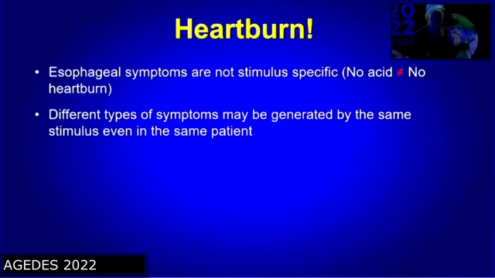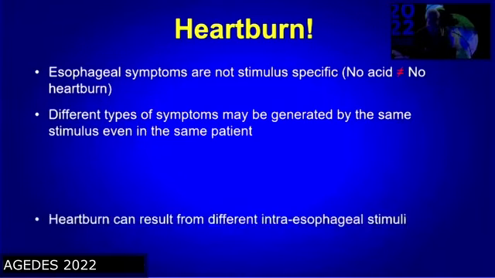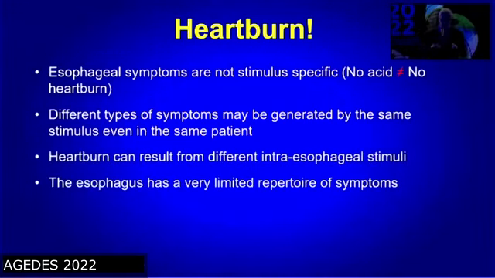Now, there are many things we learned over the years about heartburn. So when I started my career, it was no acid, no heartburn. Now we know that this is obsolete. This is not true. So first of all, esophageal symptoms are not stimulus specific.